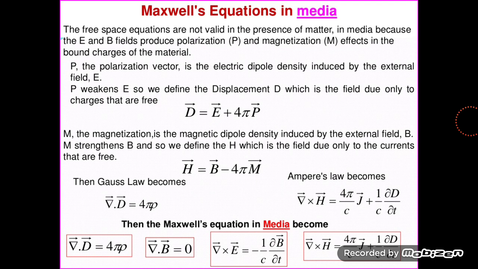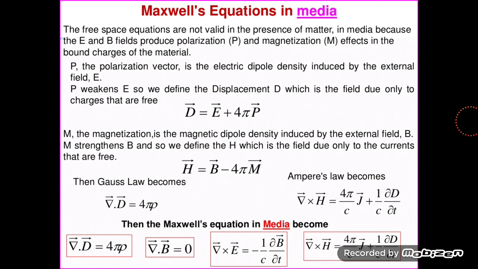The relation between H, B and M is H is equal to B minus 4 pi M. So Gauss law becomes del dot D equal to 4 pi rho, and Ampere law becomes curl of H is equal to 4 pi by C of J plus 1 by C del D over del T.